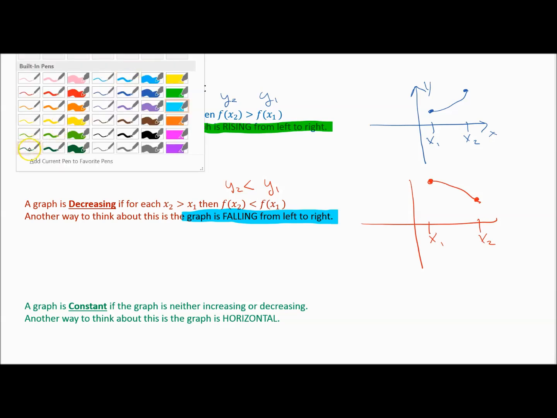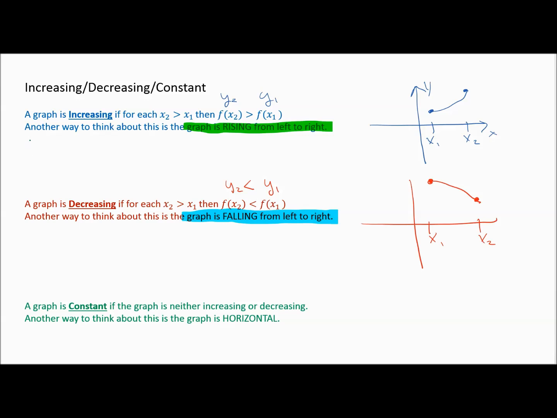The third option is a graph is constant. So I want to draw an XY axis to discuss this. It says the graph is constant if the graph is neither increasing or decreasing. Okay, so it's not doing either one of these things. Another way to think about it is you could say if x2 is bigger than x1, then f of x2 is equal to f of x1, because that's the only other option, right?